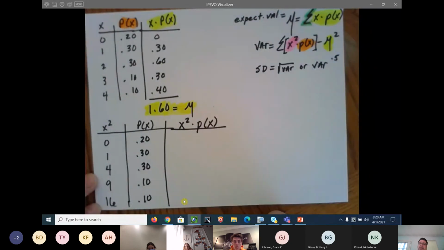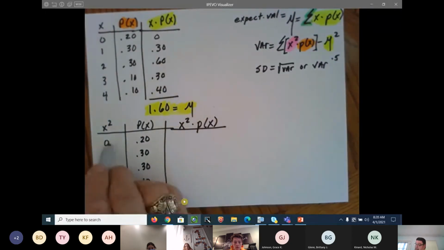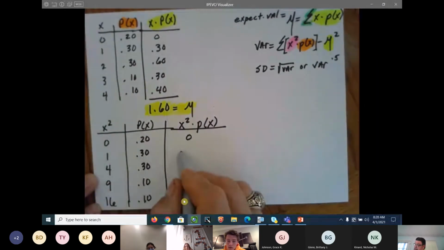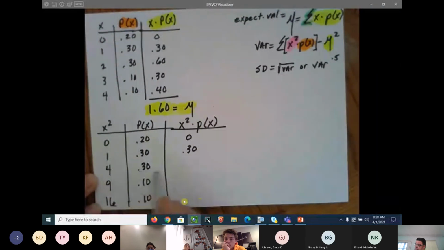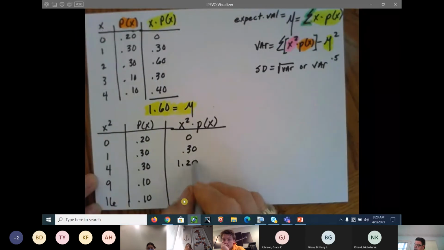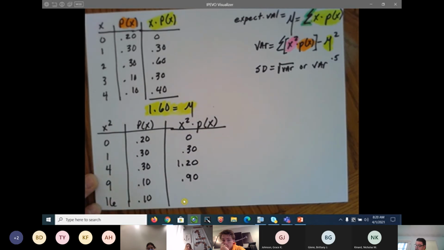Again, you don't need a calculator. 0 times any number is 0. 1 times 30 cents is 30 cents. 4 times 30 cents is $1.20. 9 times a dime is 90 cents. 16 times a dime is $1.60.